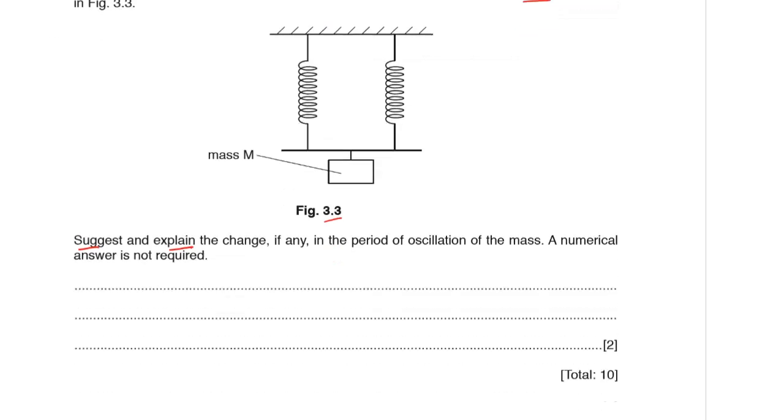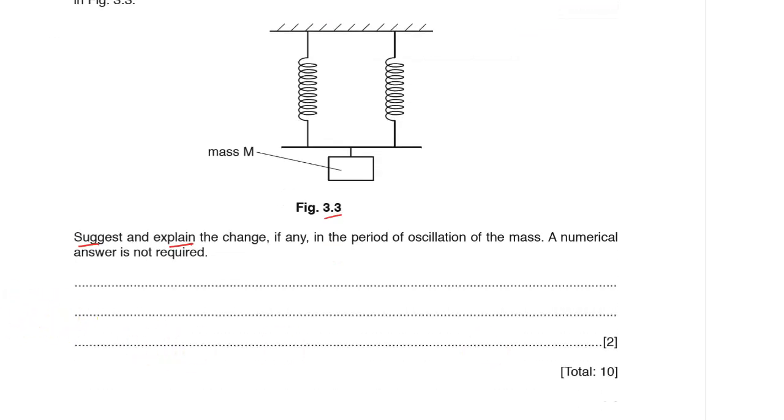The two springs will have a higher spring constant, that is, the stiffness will have increased, and therefore the period T is now shorter than 0.4.